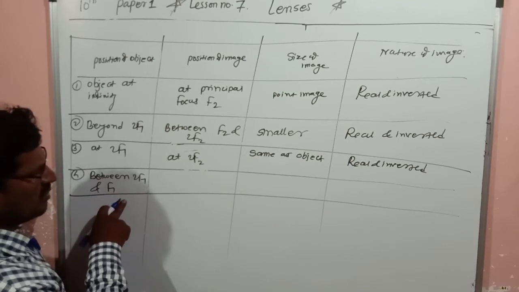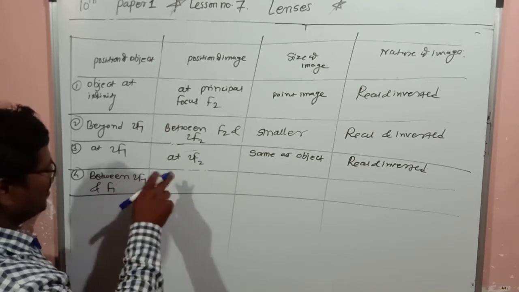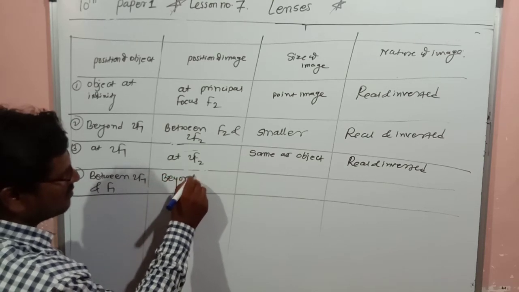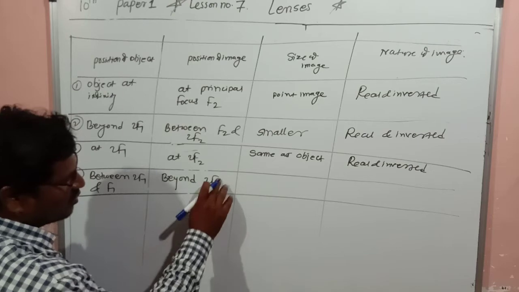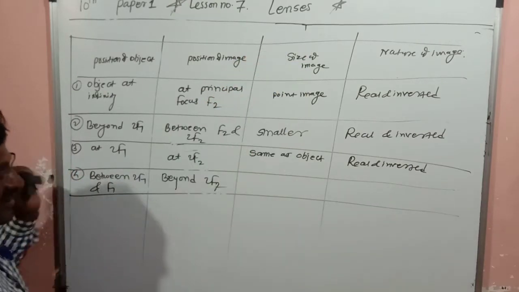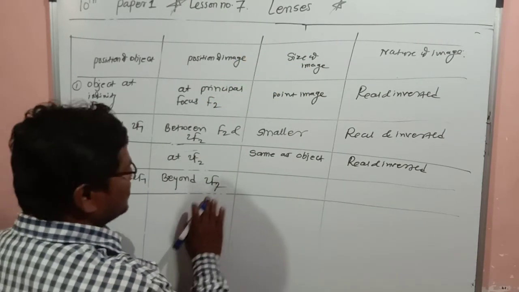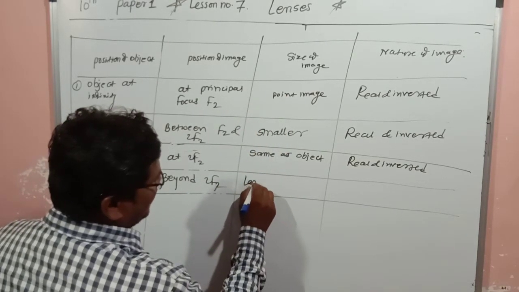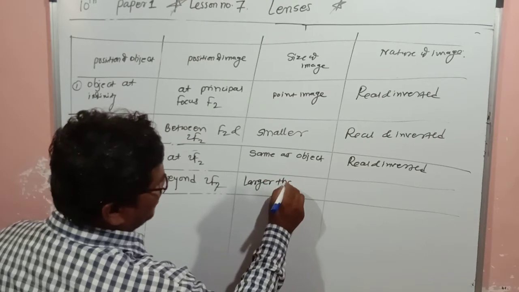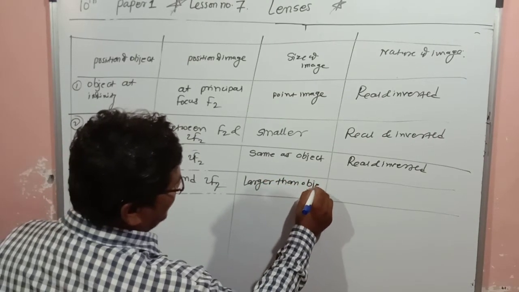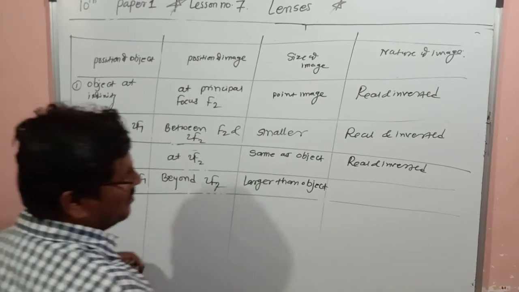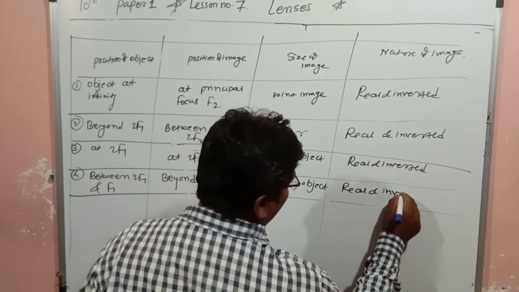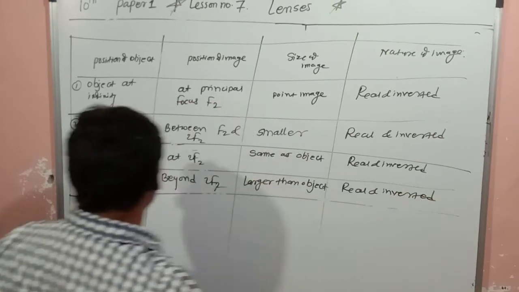Object is at 2F1 and F1, then image will be beyond 2F2, that side. And size of the image is larger than the object. Nature will be real and inverted.